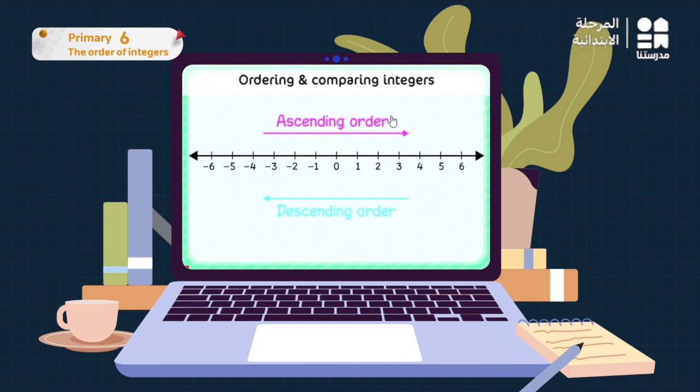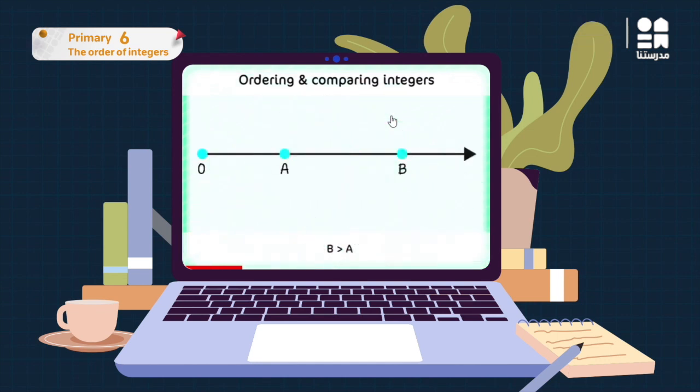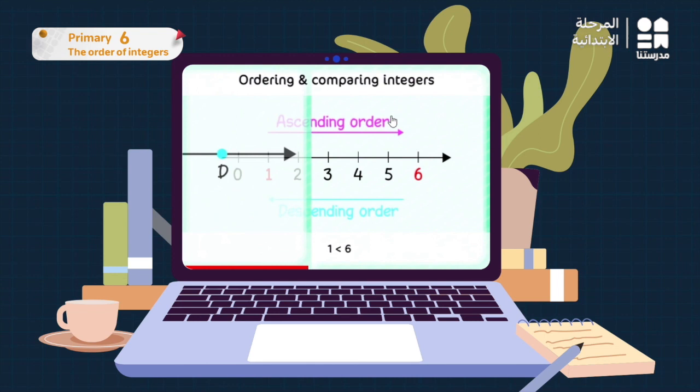In this lesson, you have learned how to compare between the integer numbers and learned also how to order them on the number line. For example, if the point B lies to the right of the point A, then B is greater than A. And if the point C lies to the left of point D, then C is less than D. And when ordering the integers on the number line, the positive numbers can be ordered in ascending order as we go away from 0 and descending order as we get closer to 0.